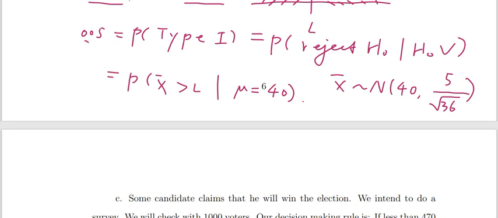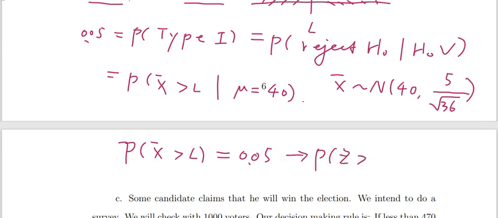So we just need to find this L such that the probability x bar larger than L equals 0.005. So how can we find this probability? Changing this to standard normal, so L minus 40 divided by 5/6.